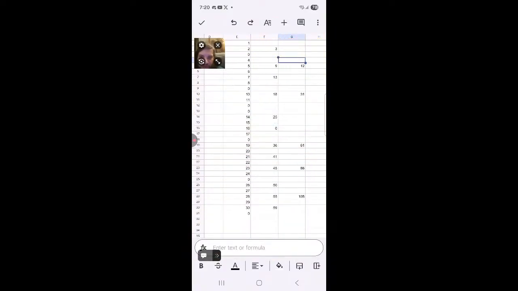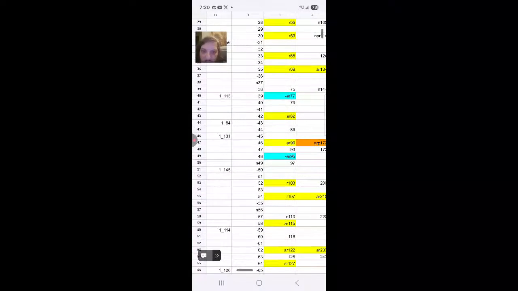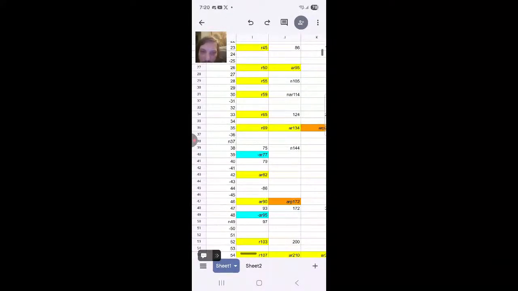So as you can tell, right now I'm up to 30 or whatever. All the numbers up to 30, and currently the only number that's missing is 31. So then I go to the other page and I'm like, is there other numbers missing?